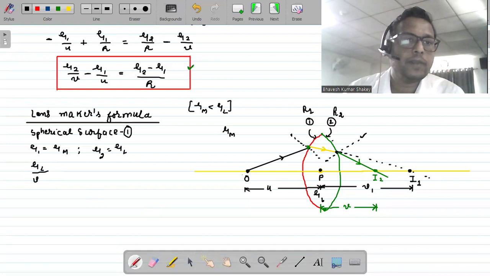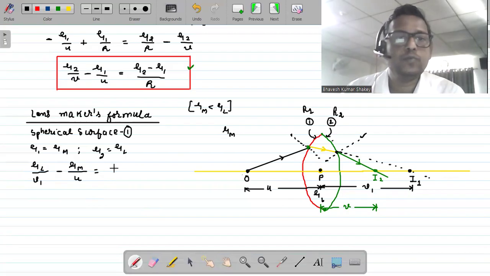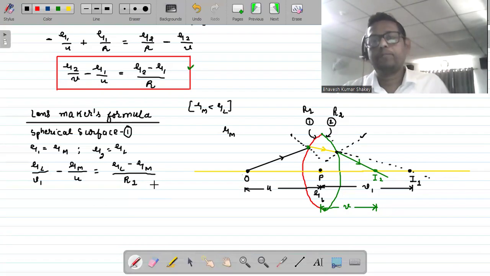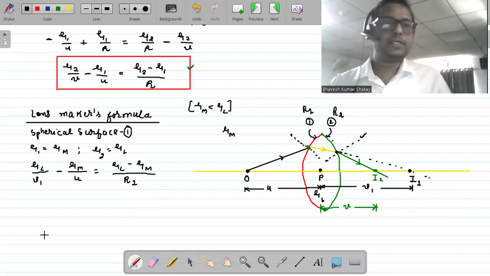So mu L divided by V1, minus mu1 by u, where mu1 is mu M, so mu M divided by U, is equal to (mu2 minus mu1) divided by R1, which means (mu L minus mu M) divided by R1, since the radius of curvature of this surface is R1. So we get this equation. I hope you all understand this.